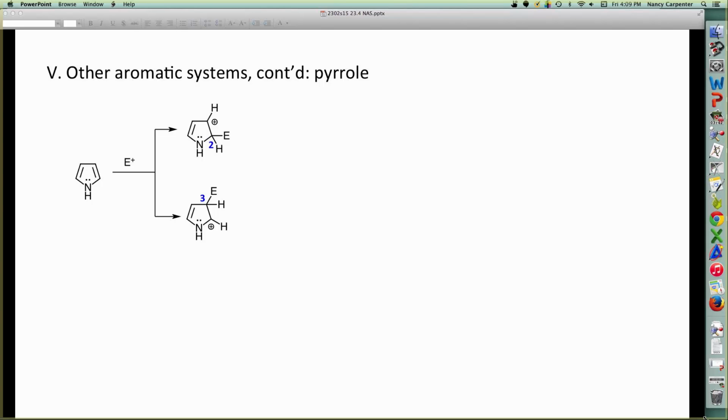But there's definitely a more stable carbocation here. Now, you can certainly see that there's a good resonance contributor for the lower substitution, position 3. And that's all good and well. But you know what?